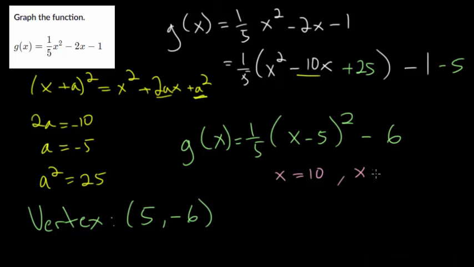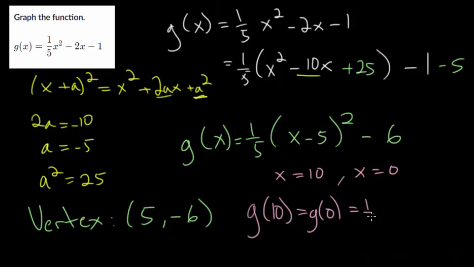Now I could also use x equals 0. In fact, both of these points are going to be symmetric. They're going to have the same y value because they're equal distance from this x value of the vertex. But if I plug in 0 here, then I get minus 5 squared, which is also 25. So like I said, both of these will give us the same value. So g of 10 and g of 0 will be the same y value.